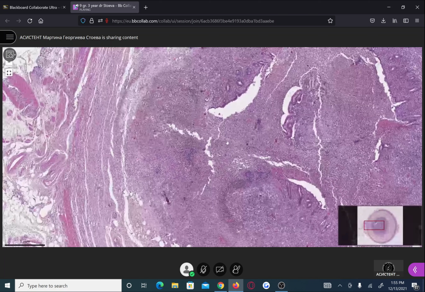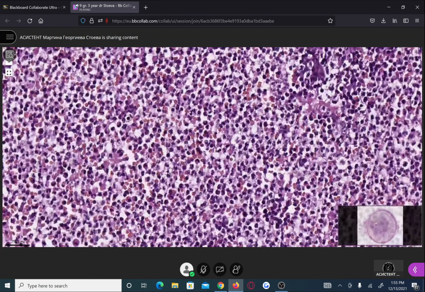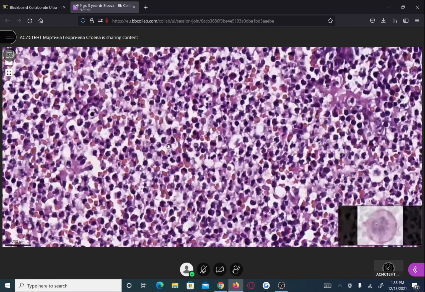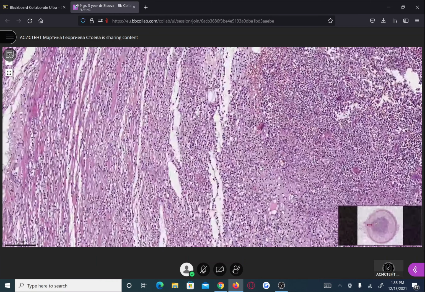And these dark elements are exactly the inflammatory cells. When we start from the lumen, we can find many neutrophils. Then we move to the outer layers. This is the submucosa.